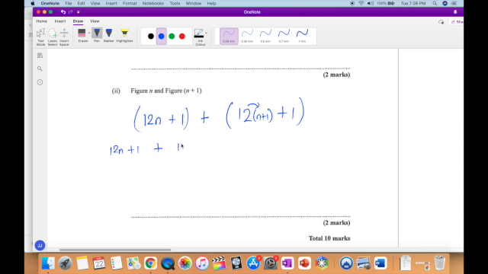So this will be 12n plus 12 plus 1. So that will give us 12n plus 12n is 24n. And now I have 12 plus 1 is 13 plus 1 is 14. So 24n plus 14.